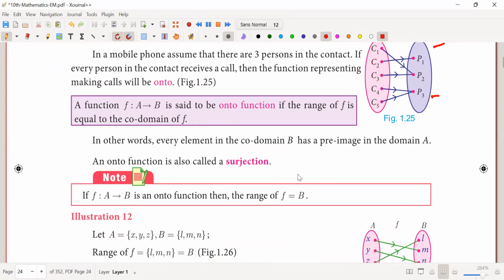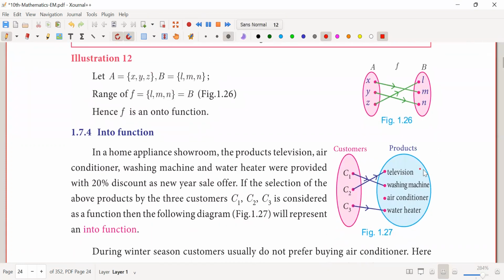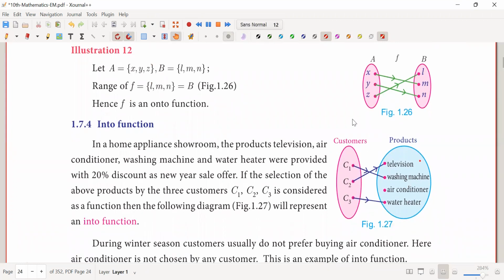If the codomain and range are not the same, it is an into function. See here, domain is 1, 2, 3, 4, but range is television, washing machine, and water alone. So this is an into function.